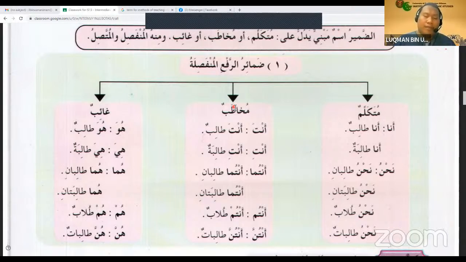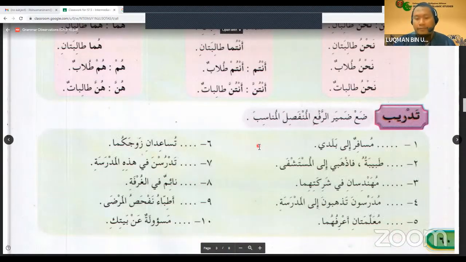Then hum ay tatlo pataas na lalaki or at least may isang lalaki, no? Ang number nila is tatlo pataas. Then hunna ay specific lang sa tatlo pataas na bilang ng mga babae. They female, no? So you have to memorize this. Ana, nahnu, anta, anti, antuma, antum, antunna. Huwa, hiya, huma, hum, hunna. Okay, hope this one is clear.